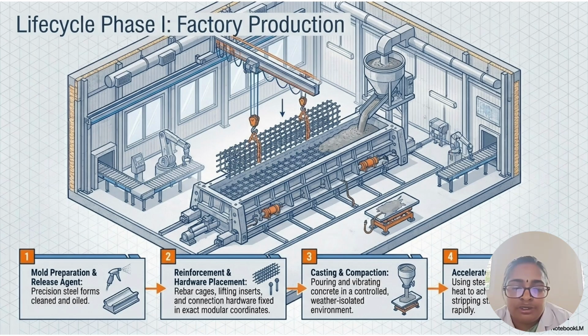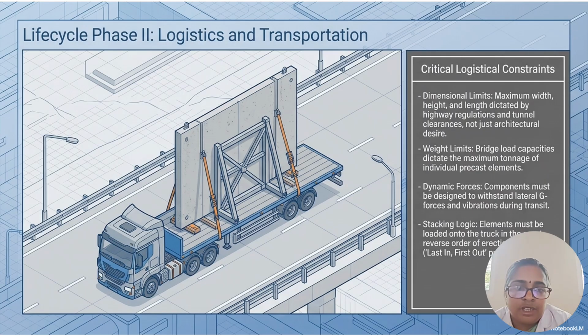The next process is casting and compaction, that is pouring and vibrating the concrete in a controlled and weather-isolated environment. Next, it is shifted for curing. After curing is done, it is transported to the location where it is needed.